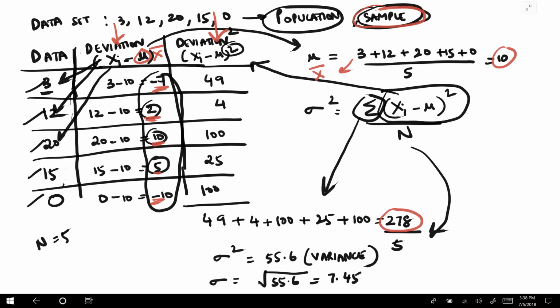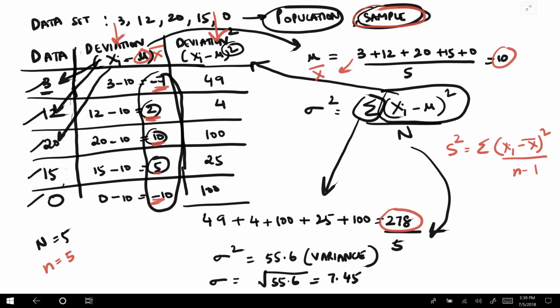However, the difference in the formula for variance of a sample is, it's all same, summation of xi minus x bar whole square divided by n minus 1. So here our n, small n, is still 5 for samples.